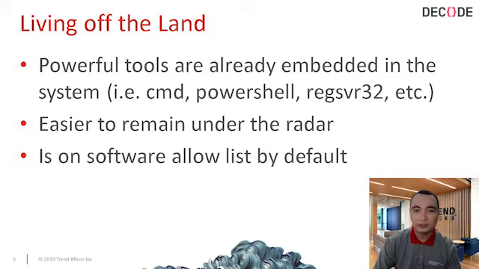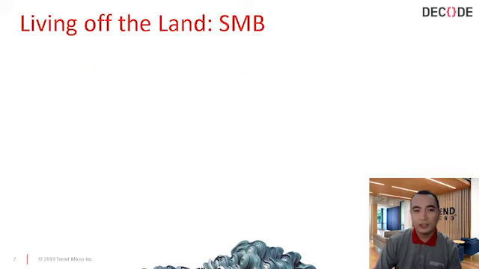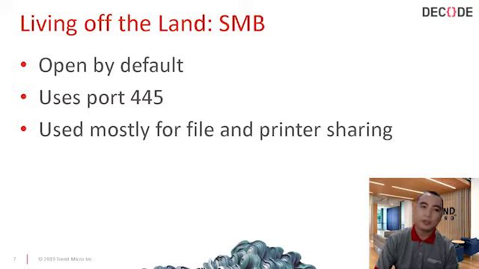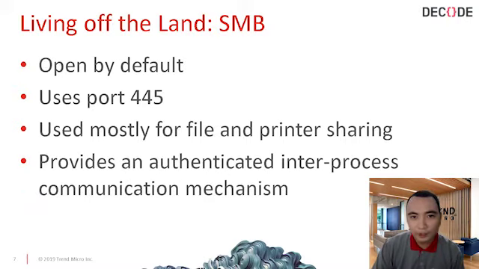One of the living off the land tools that you can use is actually SMB, which is Server Message Block. You probably know this mostly for file and printer sharing. It uses port 445 and probably it's open by default in your machine. What you probably don't know is it could actually be used as an authenticated inter-process communication mechanism.